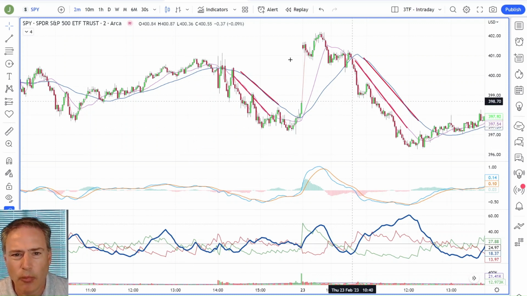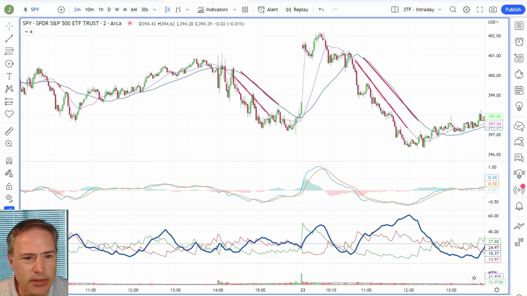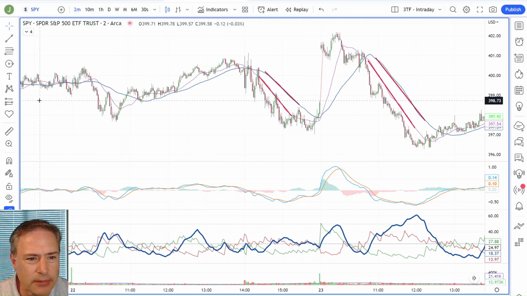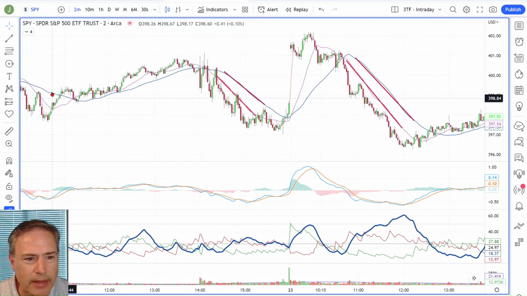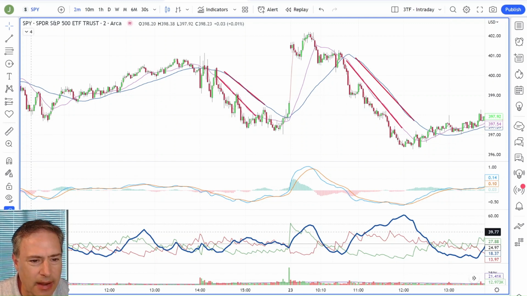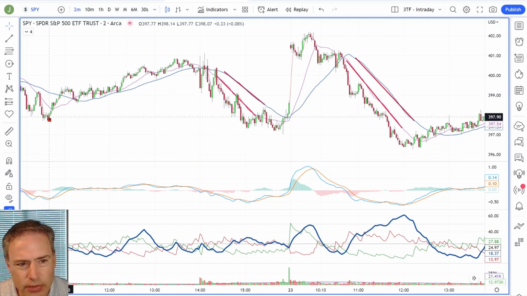Sometimes they're not parallel. You see how these don't have that parallel look, but it's the first signal here, and you're breaking below some support, and then you rally back up, and you had confirmation in the MACD, confirmation in the ADX. So you can take that trade, again for a single leg.